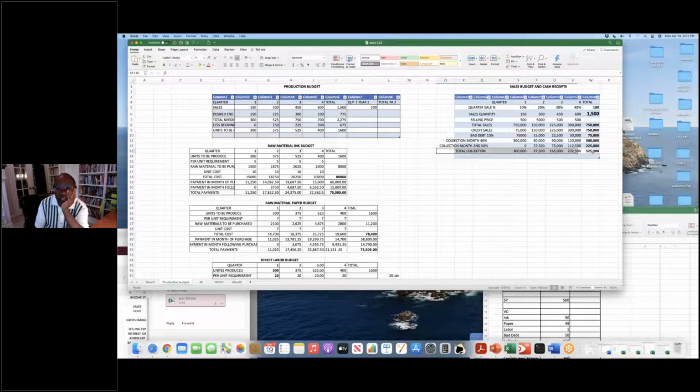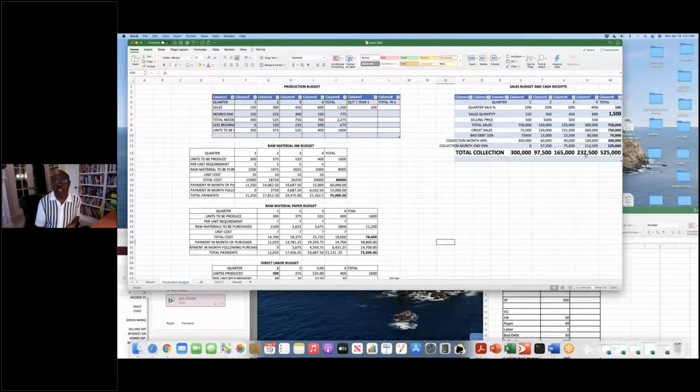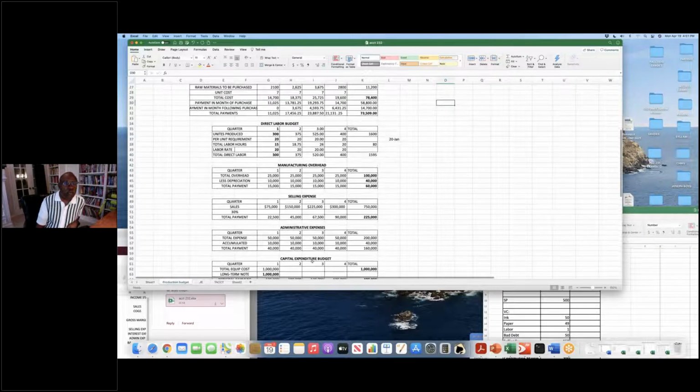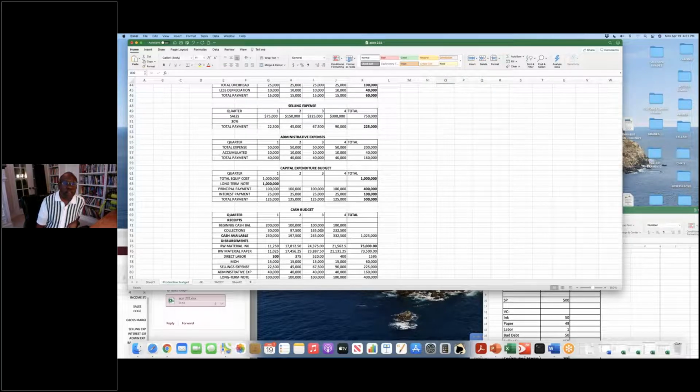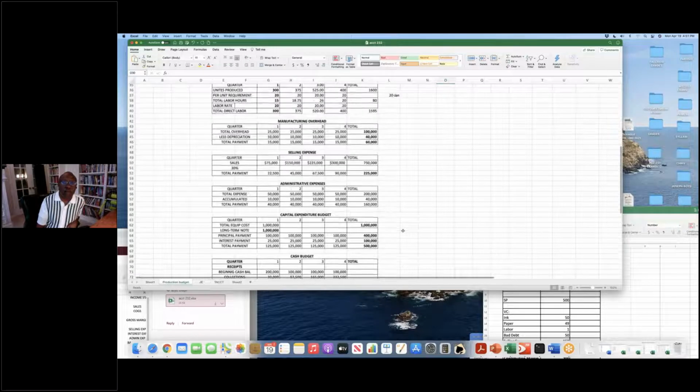That's the purpose of the sales budget: it provides the numbers that go for collection. Oh, 97, 165, 230.